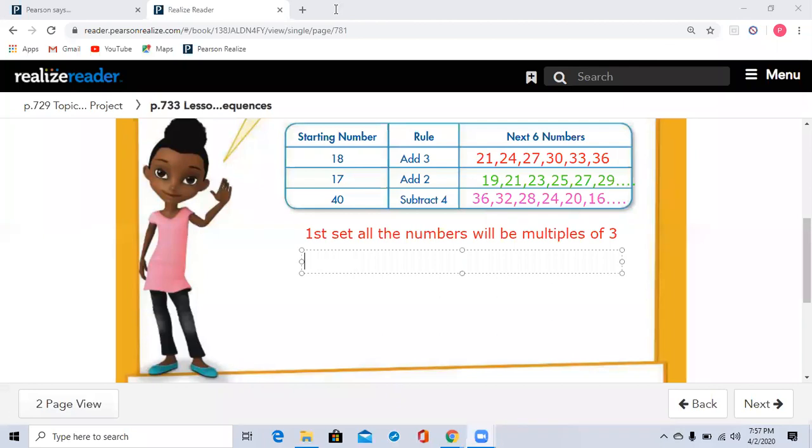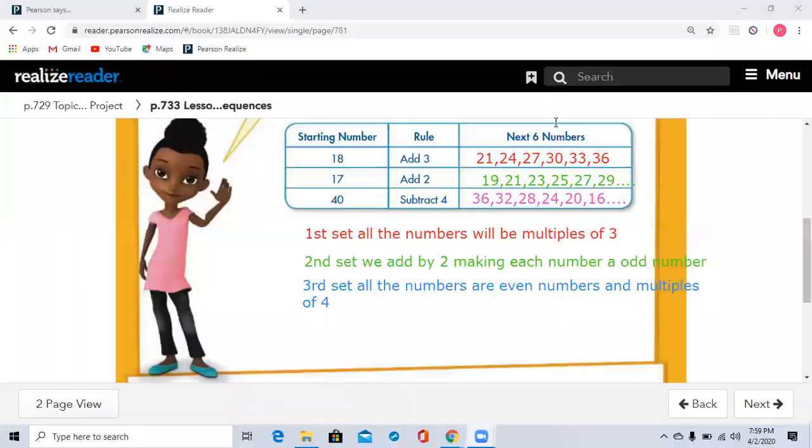In the second set, we can see that every second number is an odd number. It doesn't matter whether we start at the number 2 or 4, but in this case, we started at 17. So that makes each second number an odd number, even though we added 2 every single time. In the third set, all the numbers are even numbers and are multiples of 4.